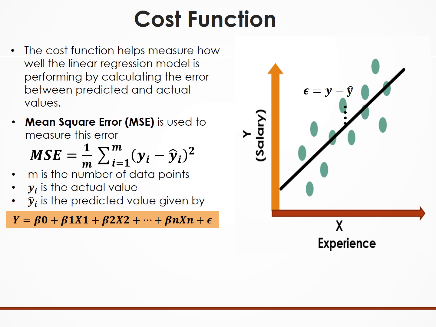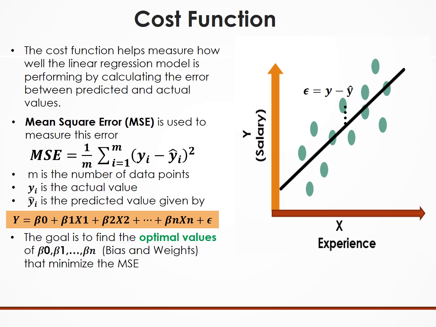They come from the linear regression equation, which in its general form looks like this: y equals b0 plus b1x1 plus b2x2 plus and so on till bnxn plus e, where b0 is the intercept, b1, b2, and so on till bn are the weights or coefficients for the respective input features x1, x2 till xn. e is the error term.